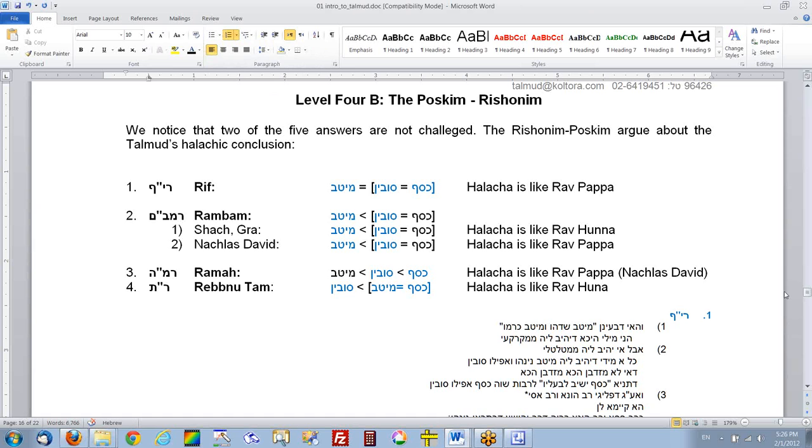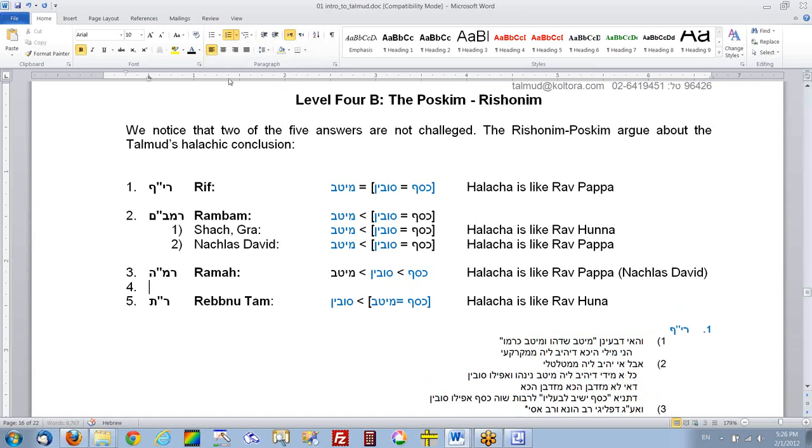Then we have the Ramah. He says, no, you have to give Kesef first, then Subin, and then Meitav. And finally, we have Rabbeinu Tam, whose chiddush is that you have to give Kesef or Meitav, whereas the Rif and the Rambam say, no, you have to give Kesef or Subin first.